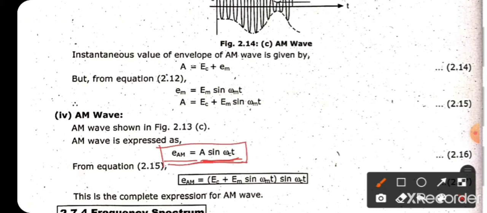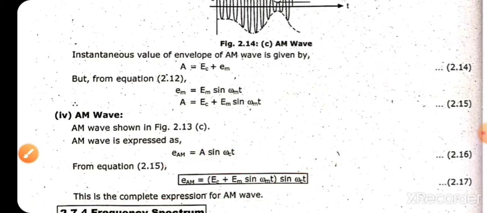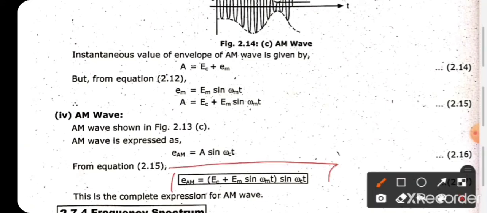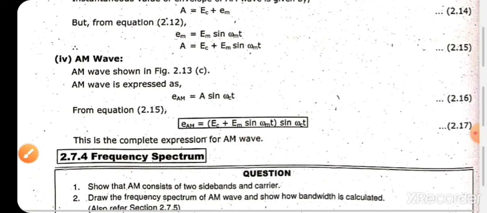We have already found the value of A, which is Ec plus Em sine omega mt. So the complete expression for AM is eAM equals (Ec plus Em sine omega mt) into sine omega ct. If the question in the examination asks to find the mathematical expression for amplitude modulation, then we have to find it up to here. This is the complete expression for the amplitude modulated wave.